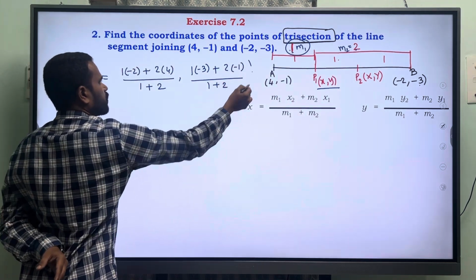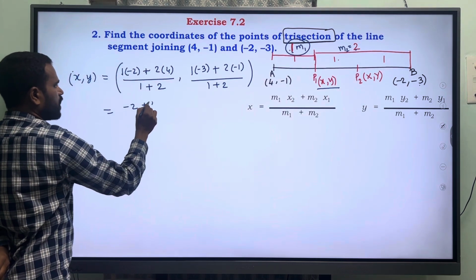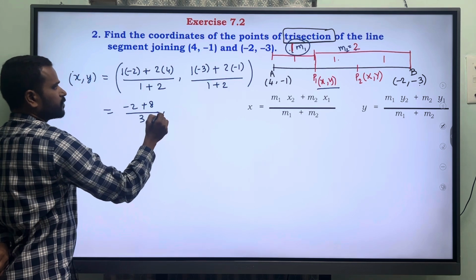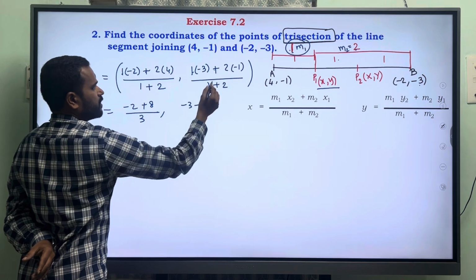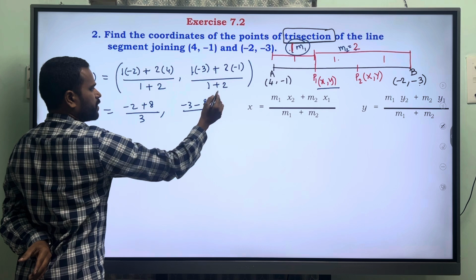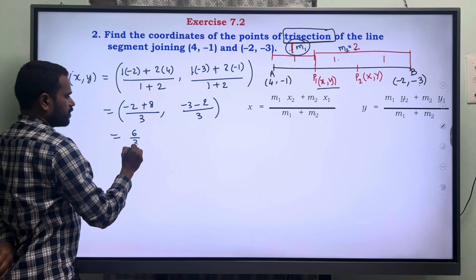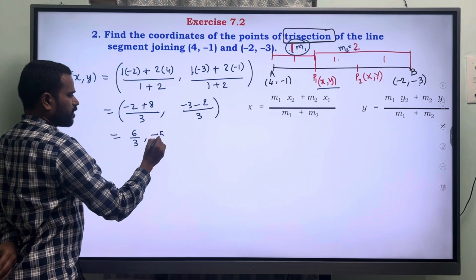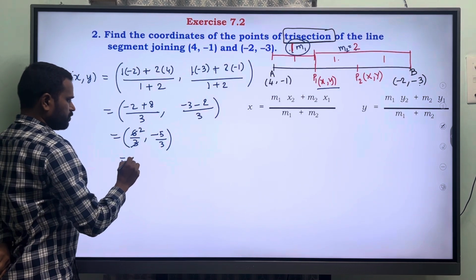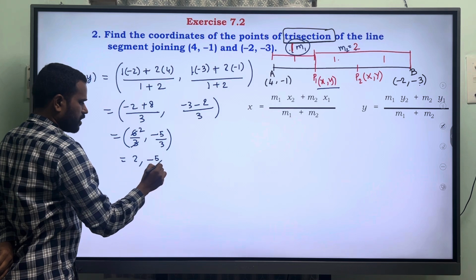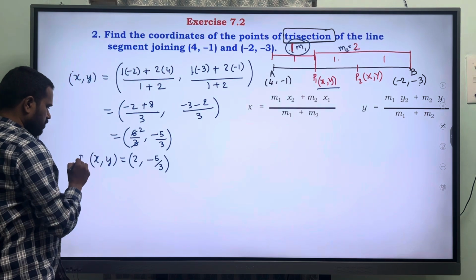Okay. Now these are the coordinates x comma y. 1 into minus 2 plus 2 4s are 8 upon 3. 1 into minus 3 plus 2 into minus 1, 2 1s are 2, by 1 plus 2 is 3. So that is equals to minus 2 plus 8 is 6 by 3 and minus 3 minus 2 is minus 5 by 3. Okay, 3 2s are 6. So this becomes 2 comma minus 5 by 3. These are the coordinates x comma y, which is point P1.